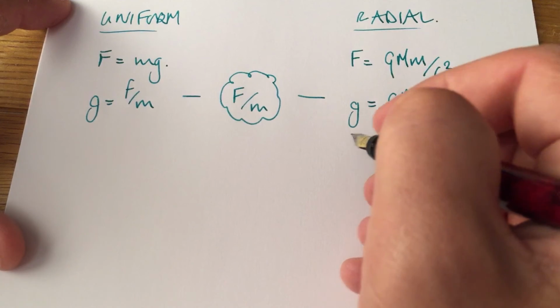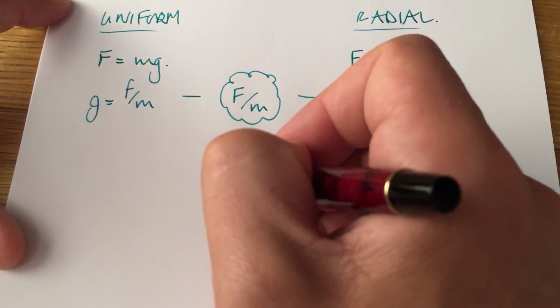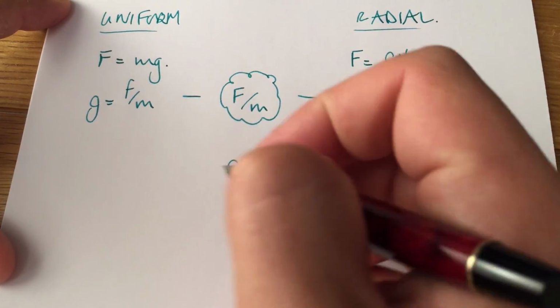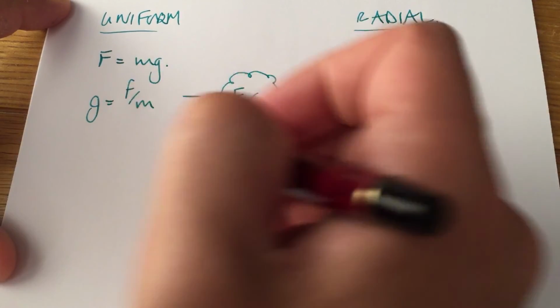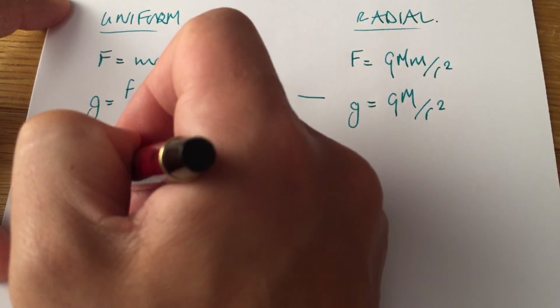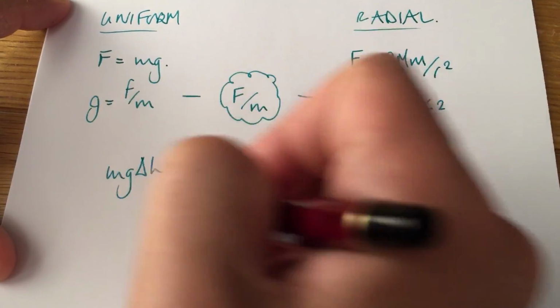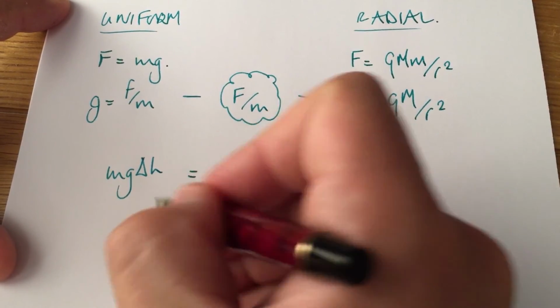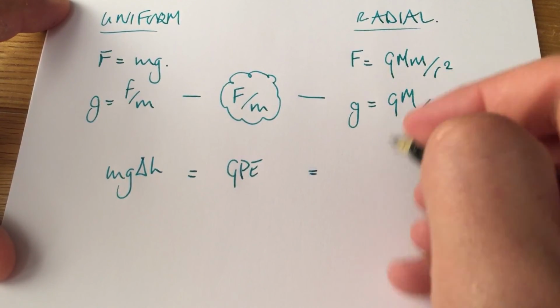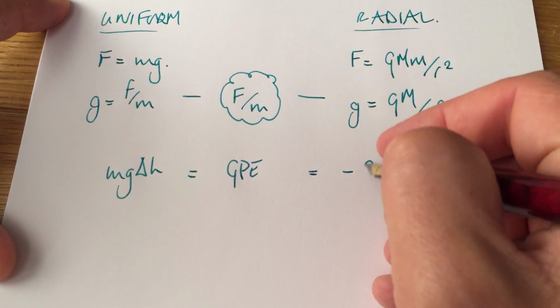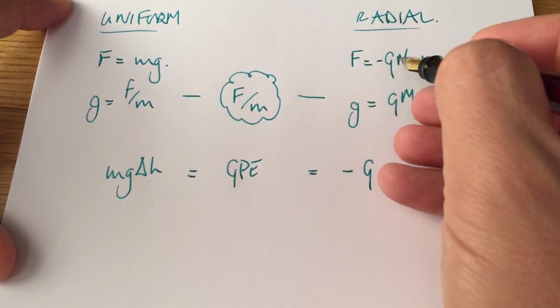Okay, we move from g and we have gravitational potential energy, which is equal to mg delta h, a change in height. You can probably see now why we're talking about a change in height. And it's equal here to minus GMm over r, I should have put a minus there, it's an attractive force.